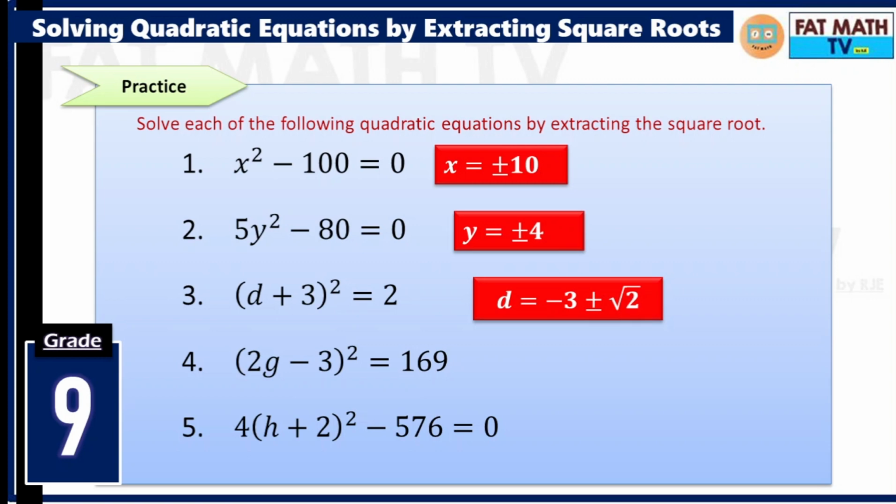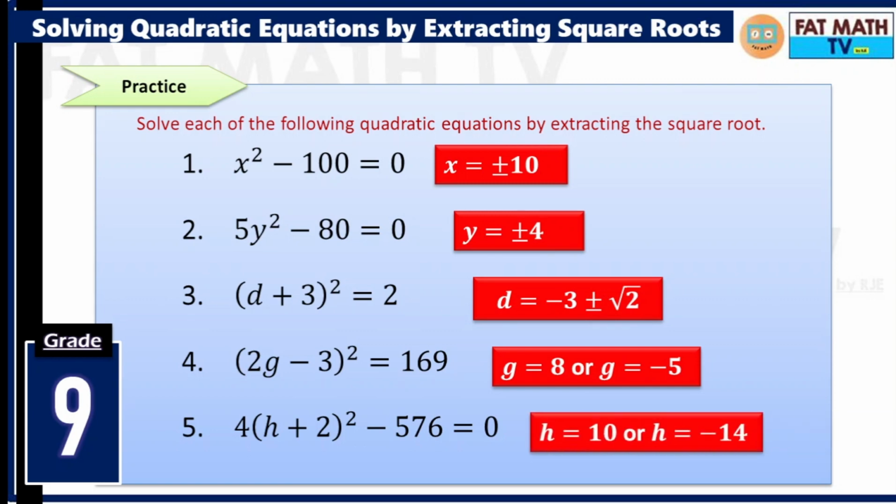So you will have negative 3 plus square root of 2 or negative 3 minus square root of 2. Number 4, g is 8 or negative 5. Number 5, h is 10 or negative 14.